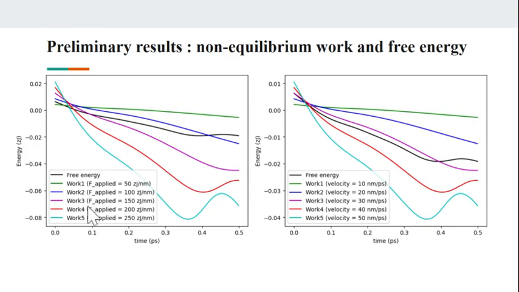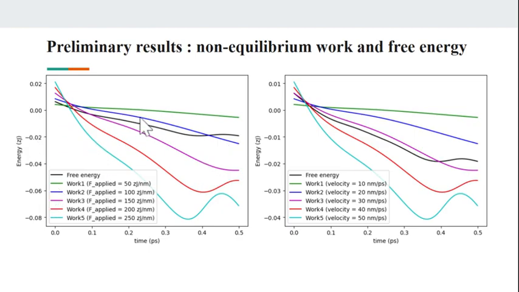But here I have used another approach, where I'm taking the same equilibrated box and applying different magnitudes of the force on the same atom, and then calculating the ensemble average of the exponentiated work.